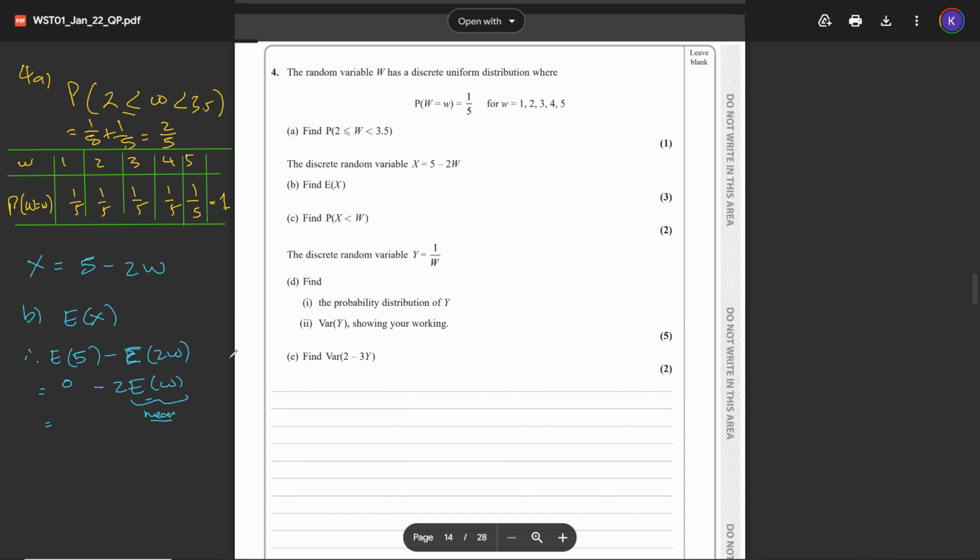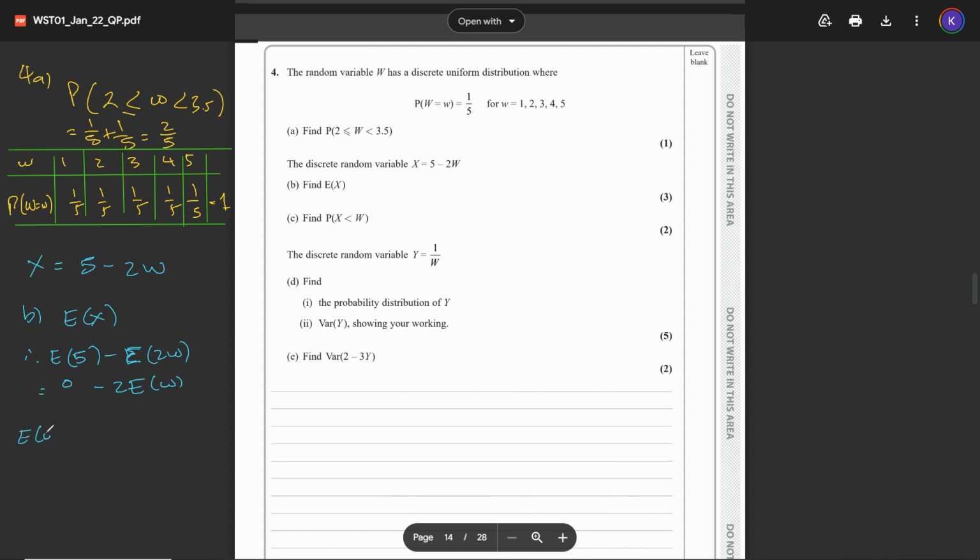The expected value of W is given by the probability of W times each of the outcomes. In other words, we could calculate straight from here by just multiplying each of these. Let's calculate that quickly from there.